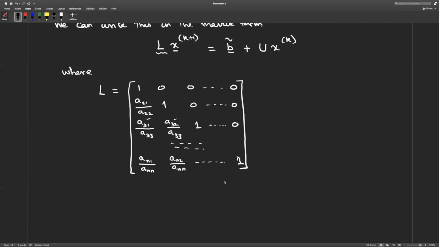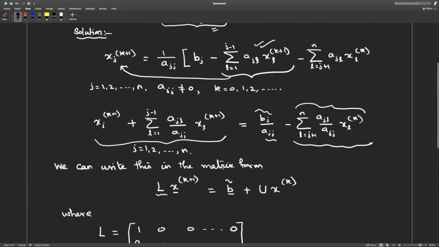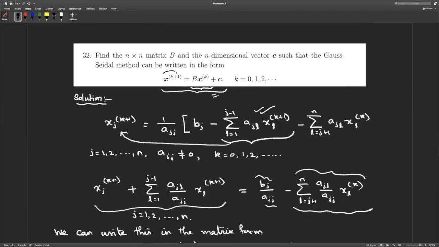It is a lower triangular matrix. And also you can see that it is invertible. That's more important because we want to finally put our matrix equation in a form where the left hand side is just an identity matrix, right?